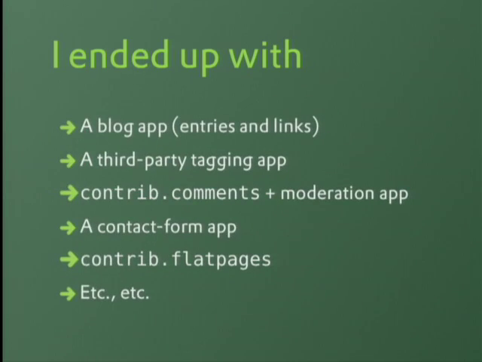But I ended up with 13 different applications: admin, auth, flat pages, comments, comment moderation, tagging, blog entries and links, content types, syndication, and there are 4 more, but I can't remember off the top of my head what they are right now. But believe me, I have 13 applications installed there.